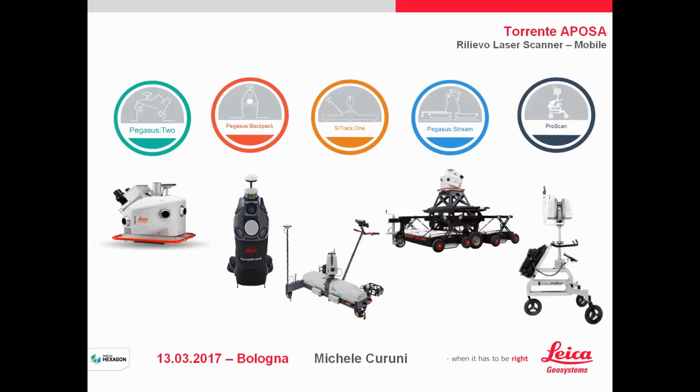The next one is a trolley for rail, so it was not perfect for our case. This is the Pegasus Stream, a solution that can measure by merging two different solutions, Pegasus outside and 50 georadar antennas, which in one step, in one shot, can measure underground and outside.